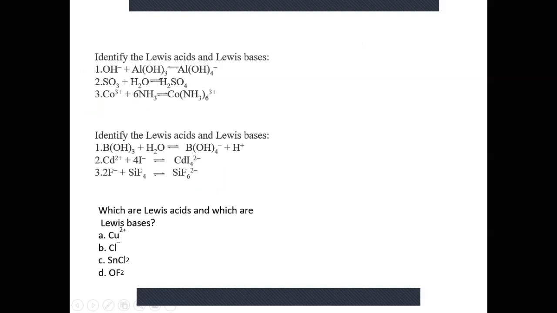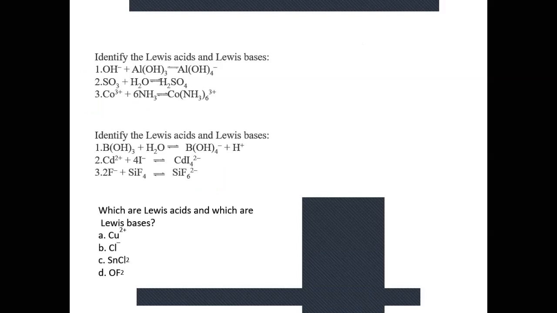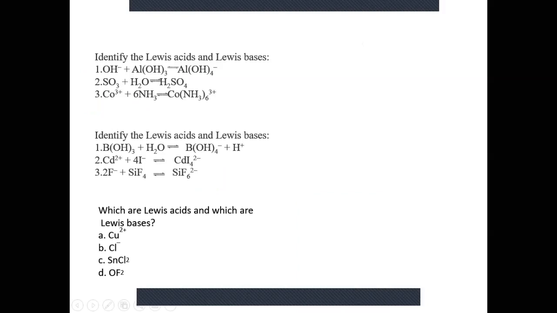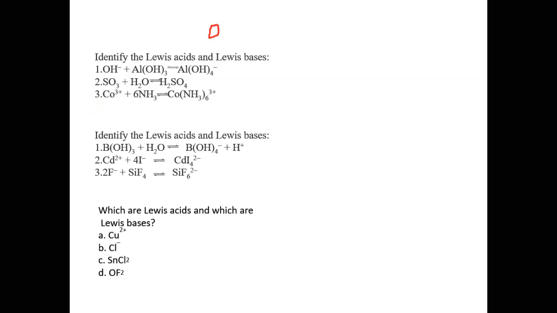So we want to identify the Lewis acid and the Lewis base. So obviously, if one is the acid, the other is the base. So what I'm going to do is a red box equals Lewis acid.